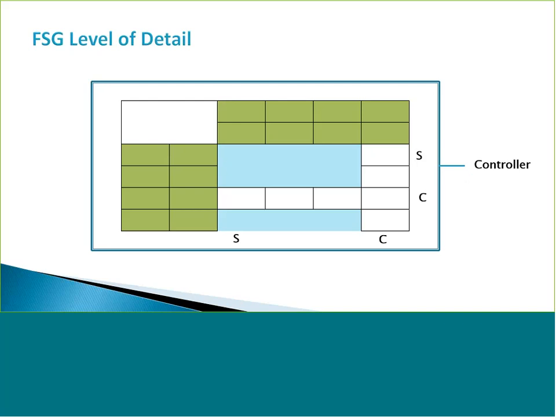So this column is designated controller. Remember, controller is the lowest level of detail. So that report will be able to see this column, and this row is designated what? Controller also. So that report will be able to see the whole of this row, okay? But we won't be able to see all this other stuff that's shaded blue. Why? For example, this row is designated what?